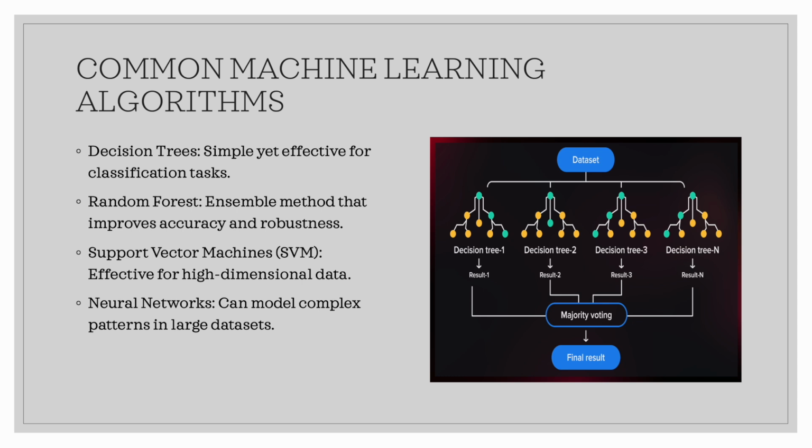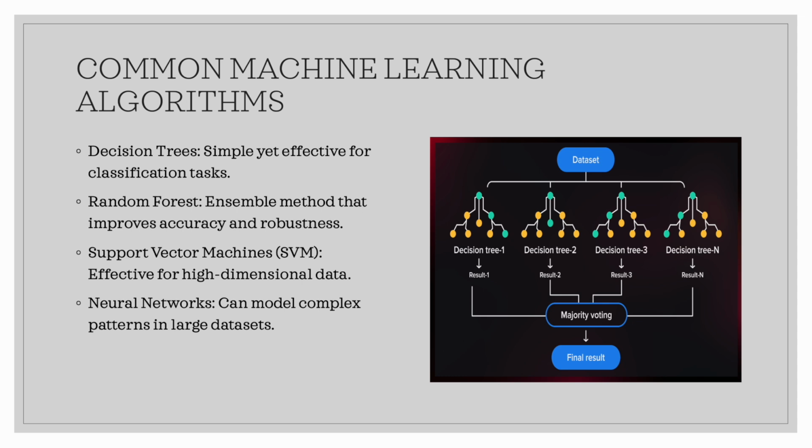Random forest: an ensemble method combining multiple decision trees for improved accuracy and robustness. The advantages of random forests are reduced overfitting risk, higher accuracy and stability, and it handles large high-dimensional datasets.